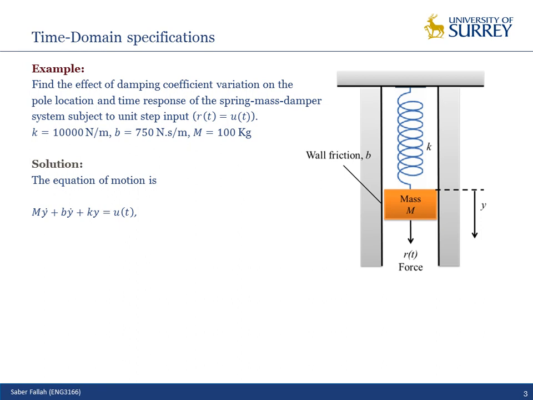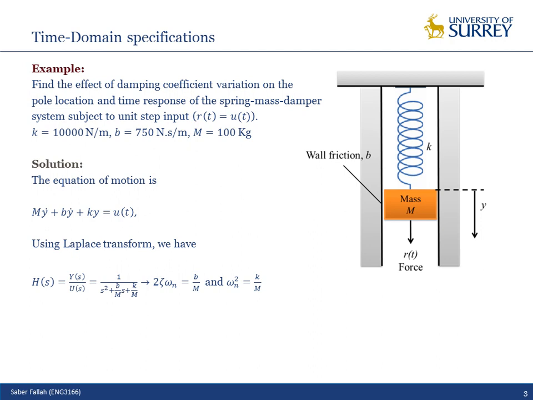If you look at the Laplace table, we know that the Laplace of m y double dot will be m s squared Y(s), b y dot will be b s Y(s), and k y will be k Y(s). The Laplace of u(t) will be U(s). So the transfer function Y(s) over U(s) will be 1 over m, over s squared plus b over m s plus k over m.